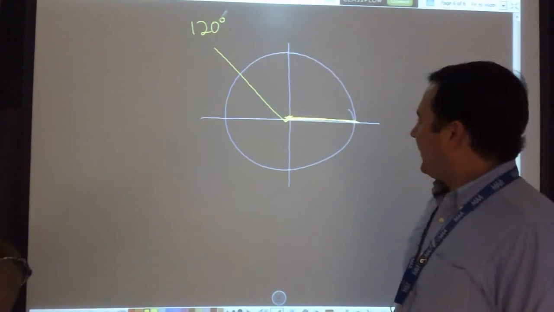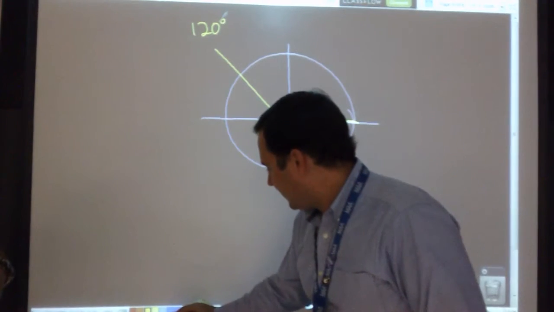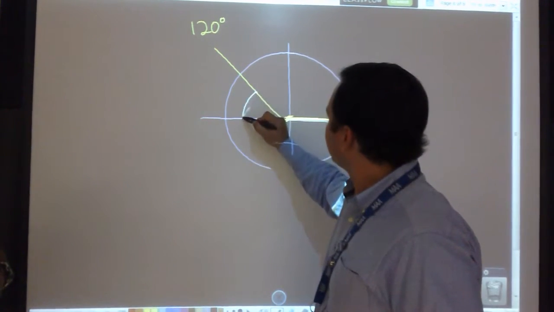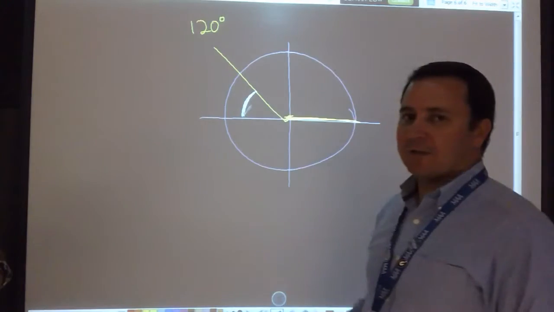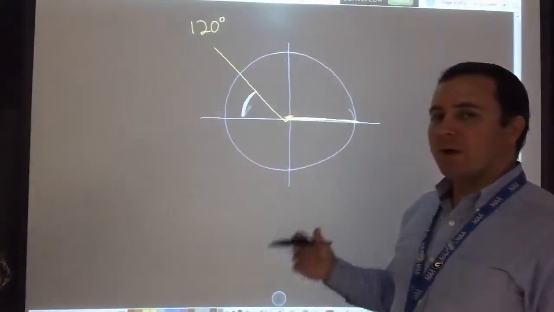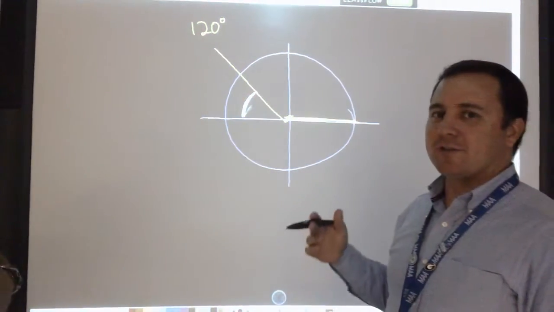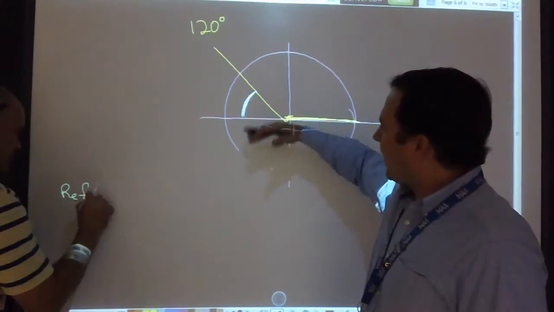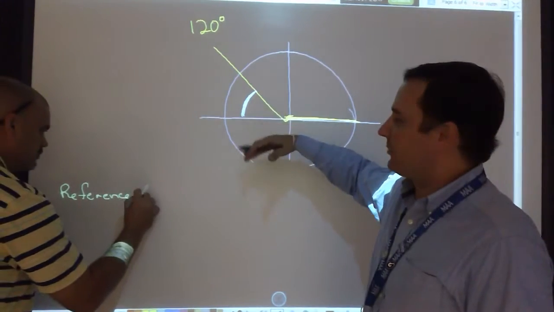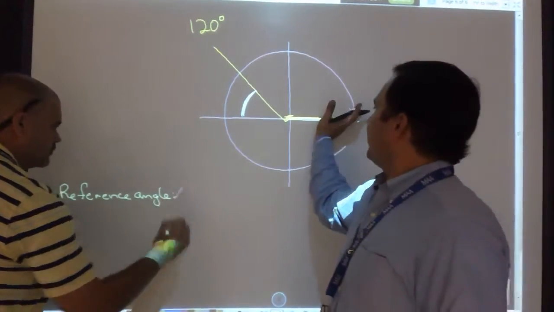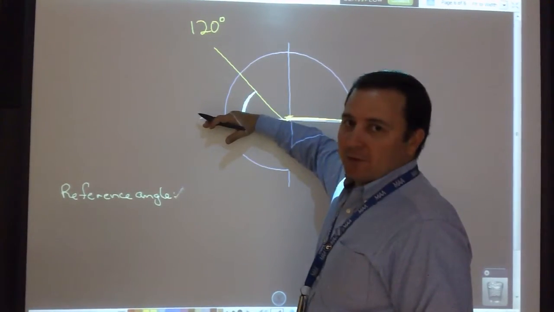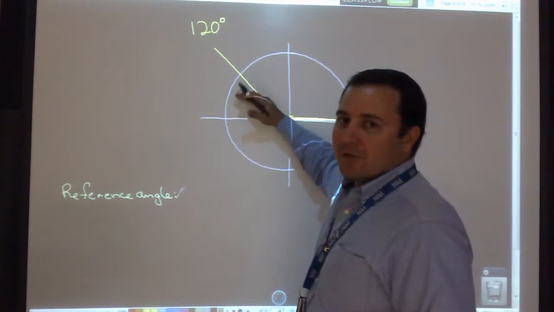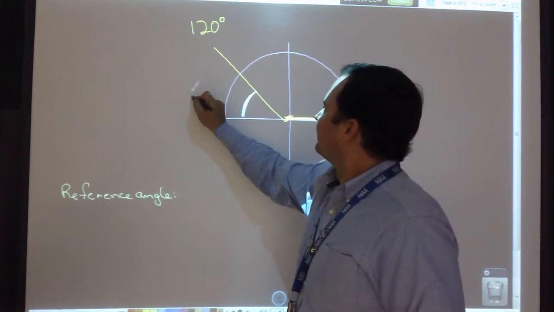Its reference angle will be the shortest distance to the x-axis. We always measure the reference angle as a positive measurement, whether we go clockwise or counterclockwise. So if it's 180 degrees all the way to here, that's going to be 60 degrees.